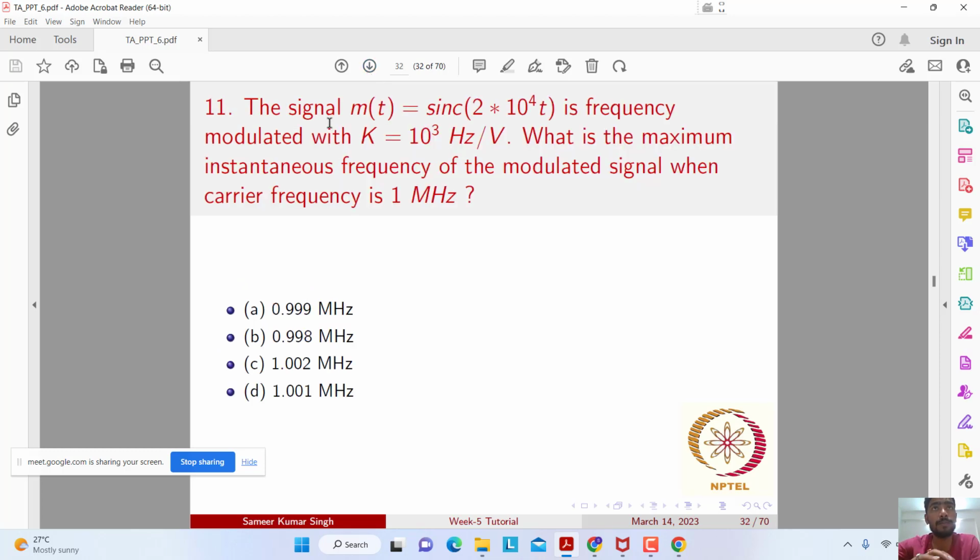Okay, question number 11. The signal m(t) is equal to sinc(2 into 10 to power 3 t), frequency modulated with k is equal to 10 to power 3 hertz per volt. What is the maximum instantaneous frequency of the modulated signal when the carrier frequency is 1 megahertz?